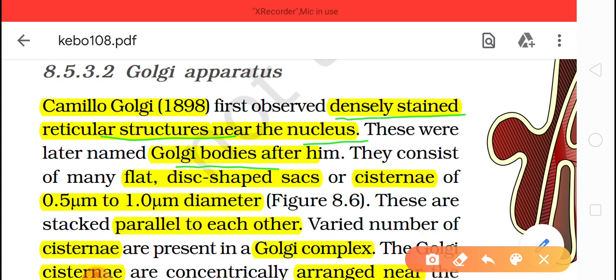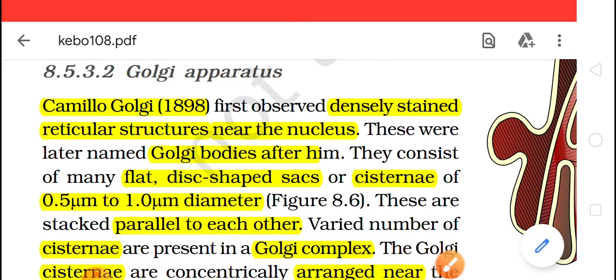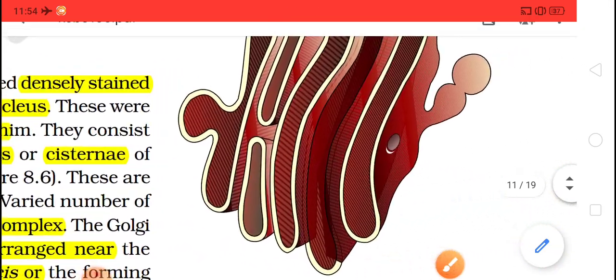The Golgi bodies basically have flat disc-shaped cisternae. The size of the cisternae is 0.5 micrometer to 1.0 micrometer, and these are parallel to each other. Okay, I'm showing the picture of the cisternae.